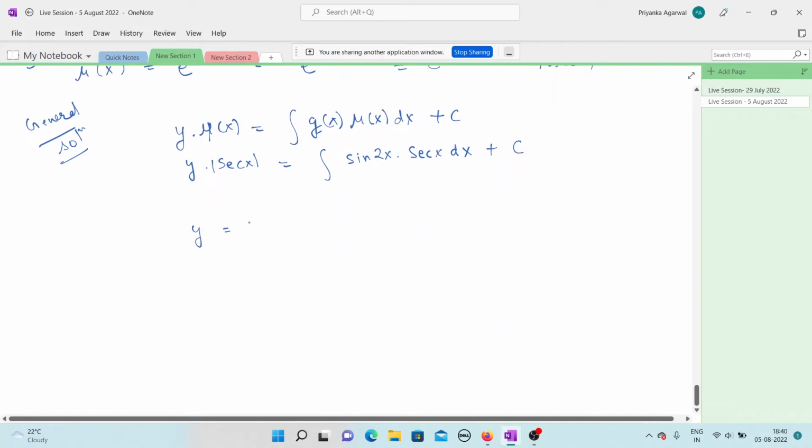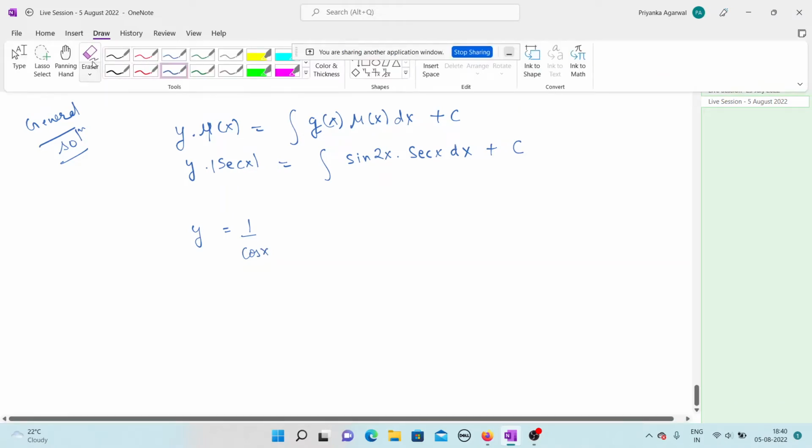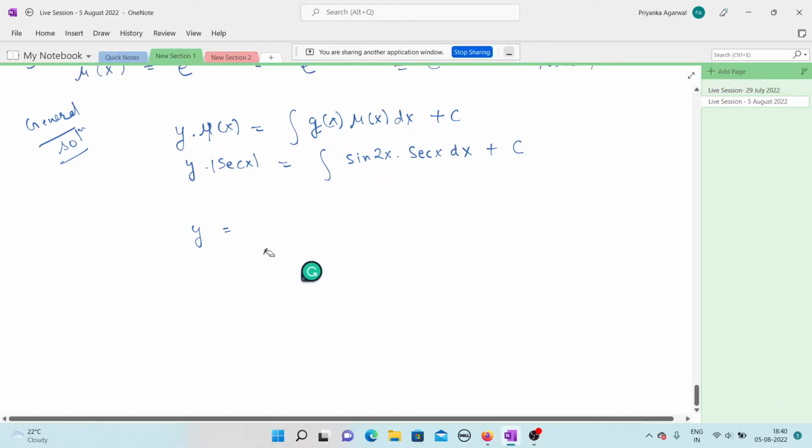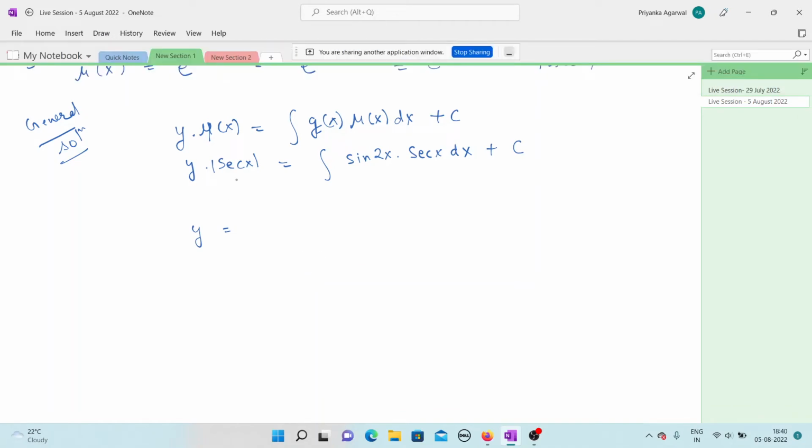So y will be 1 by sec x, that is cos x, times the integral of sin 2x sec x dx.